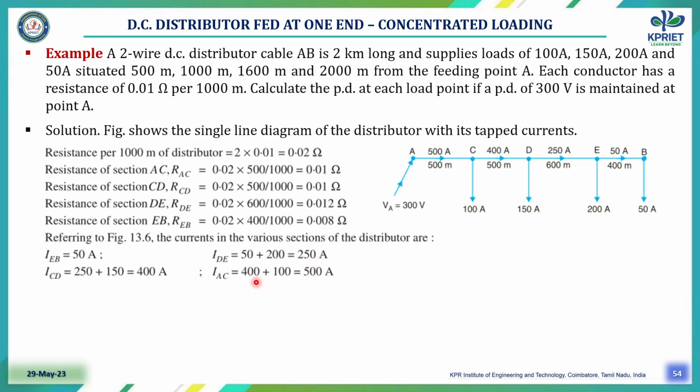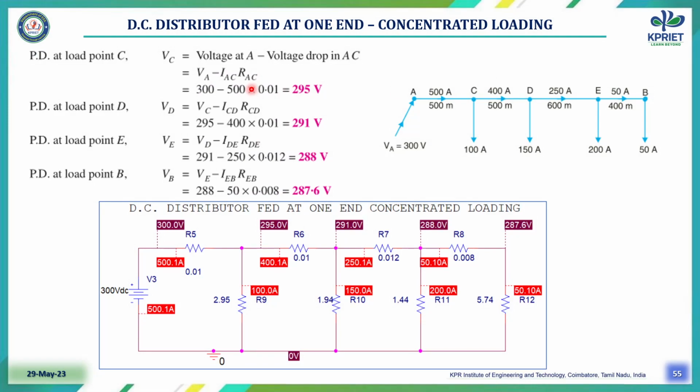So referring to this figure, we calculate the current in the various sections of the distributor based on the given load currents. Next we have to calculate the potential at each and every point. What is the potential at point C? It is the voltage at A minus the drop in A to C, thereby we get the potential at C. VC equals VA minus IAC into RAC.